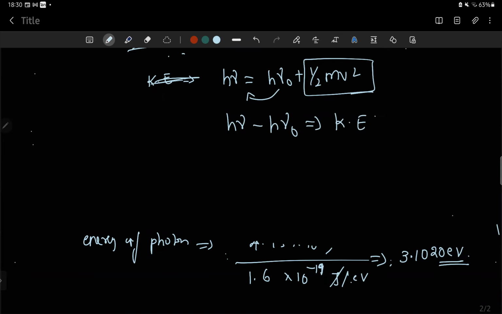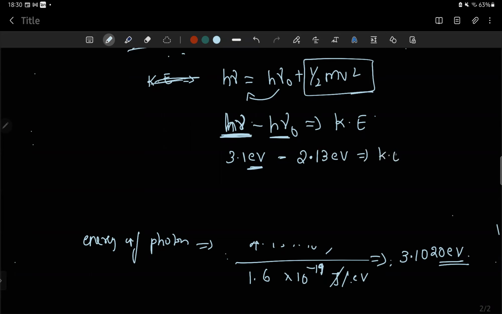So நம்மளுக்கு h nu என்னன்னு தெரியும், that is நம்ம கண்டுபிடிச்சிருக்கோம் இல்லையா, 3.1 electron volts. இந்த h nu is nothing but அந்த source ல இருந்து வரக்கூடிய radiations, so அதோட energy electron volts. இந்த h nu naught அப்படிங்கிறது work function, that is threshold frequency, which is question ல disclose பண்ணிருக்காங்க 2.13 electron volts.